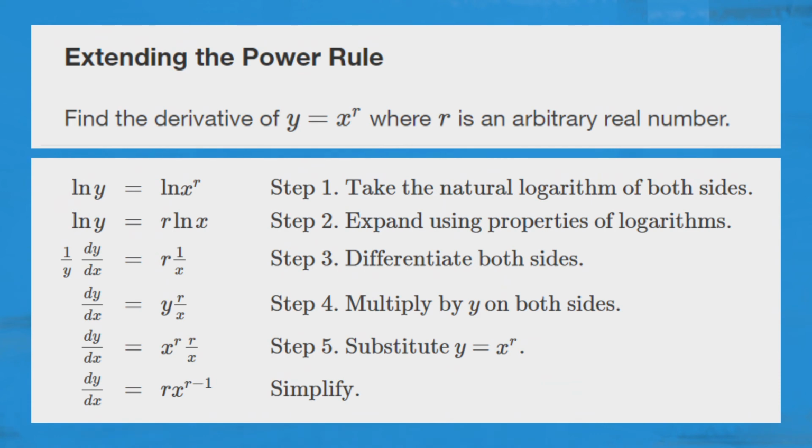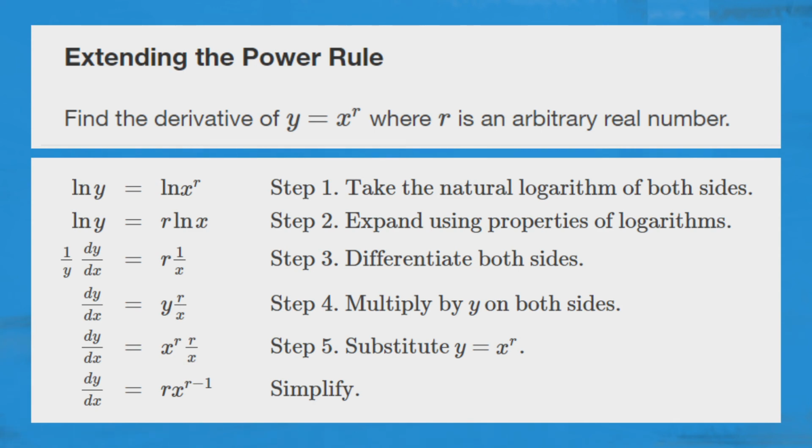And e is not an integer, it's not a negative integer, it's not a rational number. It's one of those things that we call a transcendental number. So is pi. Pi is another example of a transcendental number. Then there's the square root of 2, which is an algebraic number, but it's not rational. That's another example of a real number that we were not technically able to do using the power rule.